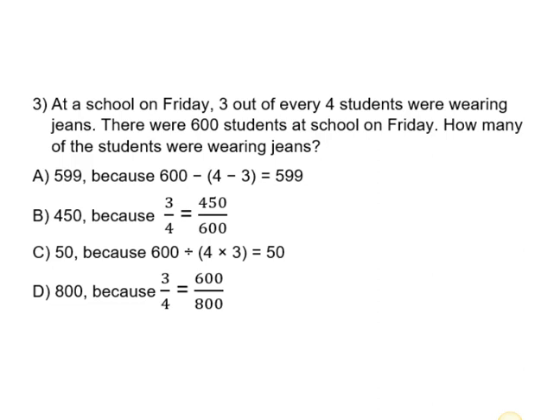B, 450, because 3/4 is equal to 450 over 600. C, 50, because 600 divided by 4 times 3 is equal to 50. D, 800, because 3 over 4 is equal to 600 over 800.